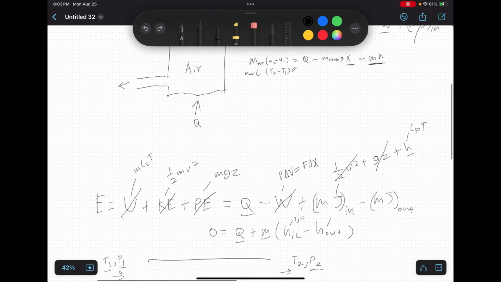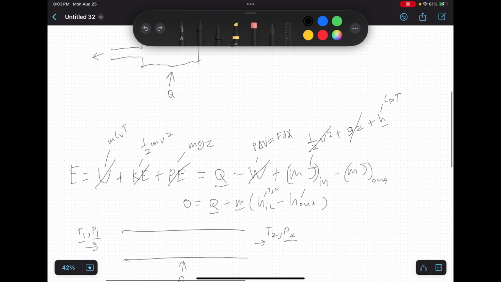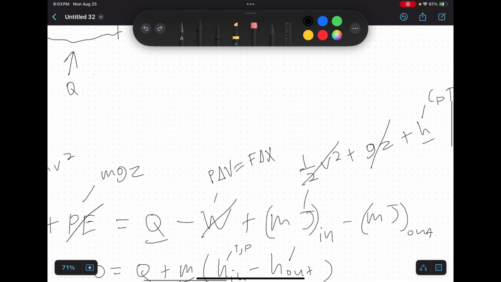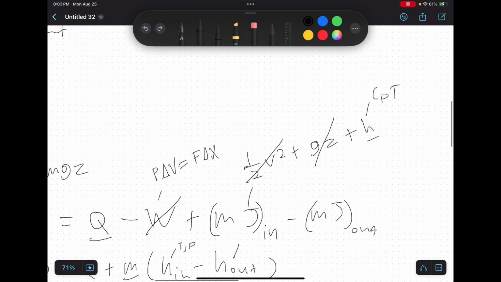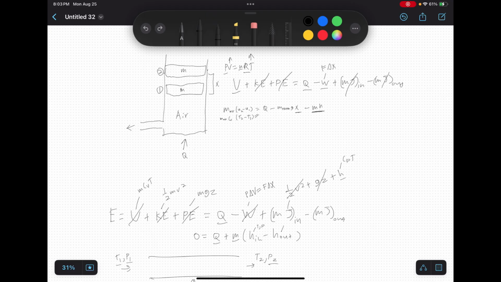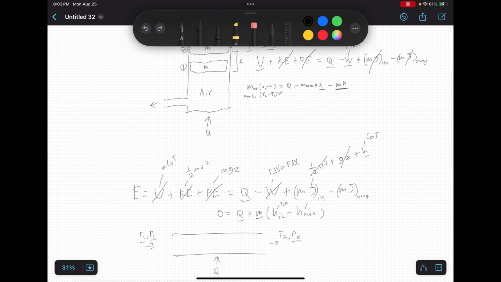Same with potential energy. Q is heat added or removed from the system. Work is pressure times delta volume, or force times delta x. J is v squared, height, and h. And you use h when stuff is flowing in or out of the system, not when stuff is sitting in the system.